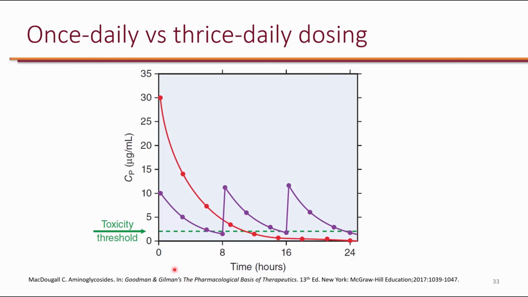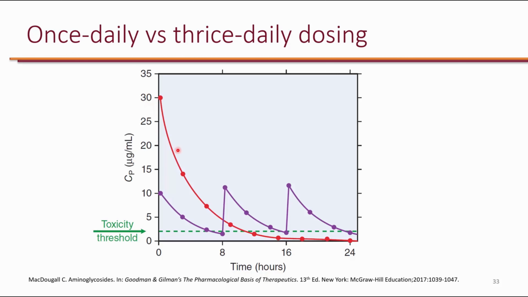Also keep in mind that aminoglycosides have post-antibiotic effect, meaning that once the level goes below the MIC, the antibiotic continues to kill for up to 7 or 8 hours. So we can actually take advantage of that. So that led to the concept of once daily high dose extended interval dosing.